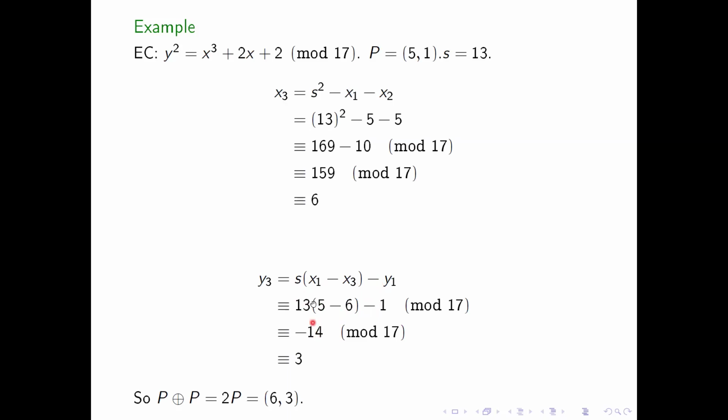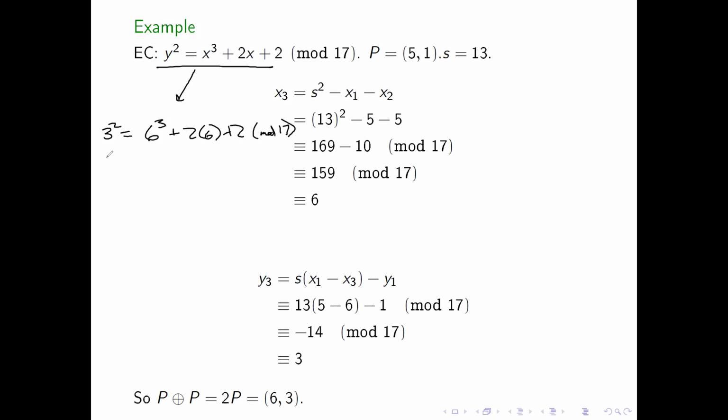But how could I know for certain? Just real quickly, this is a good rule to have in general. How could I know and guarantee my answer is right? If you go up here and plug in 6 and 3 into this, we would get 3 squared. And then on the other side we have to figure 6 cubed plus 2 times 6 plus 2 mod 17.